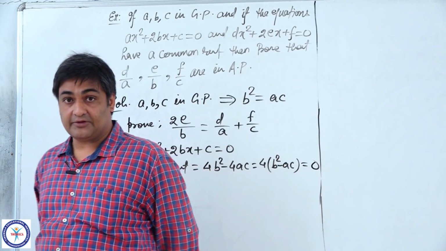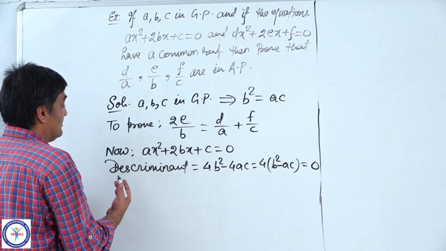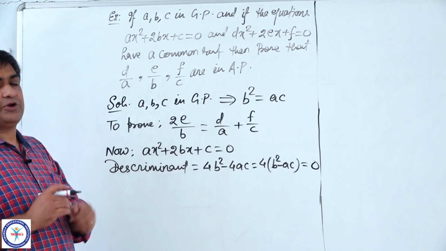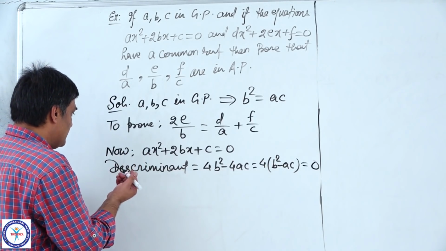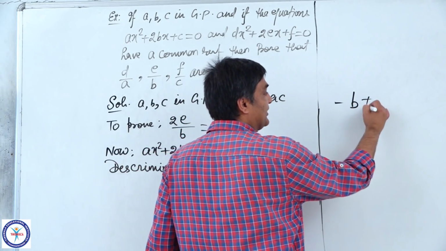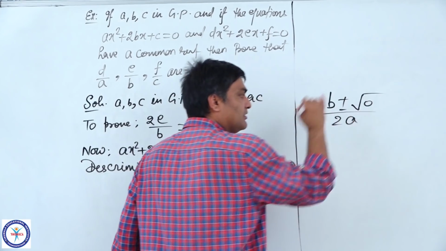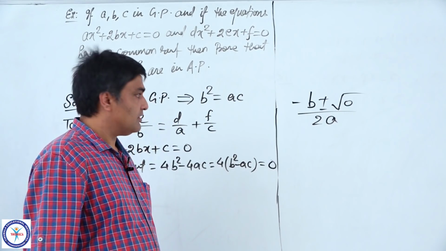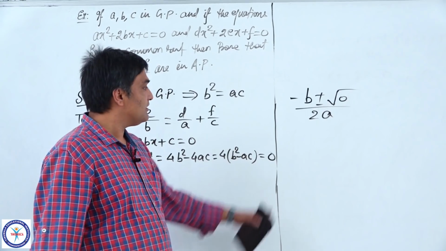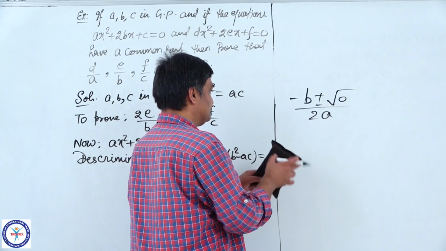It means the first equation has one repeated root. And what is the root if they are repeated? D is 0, so the root will be nothing but simply minus b by 2a.